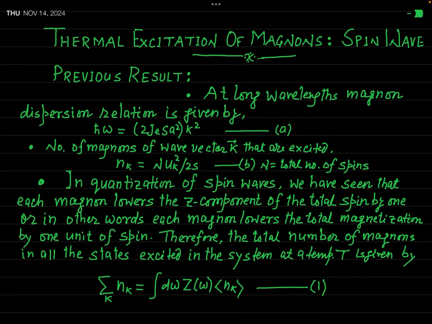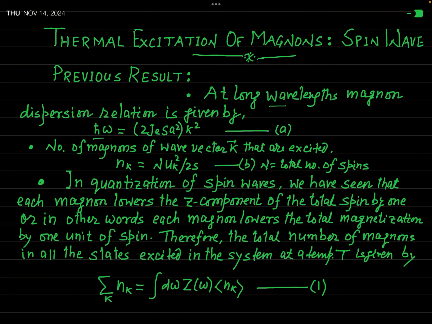In the first lecture we discussed the dispersion relation, and after getting the expression for the general dispersion relation, we found the dispersion relation particularly in the case of long wavelengths. In the case of long wavelengths of magnons, you have seen that the dispersion relation is like this.